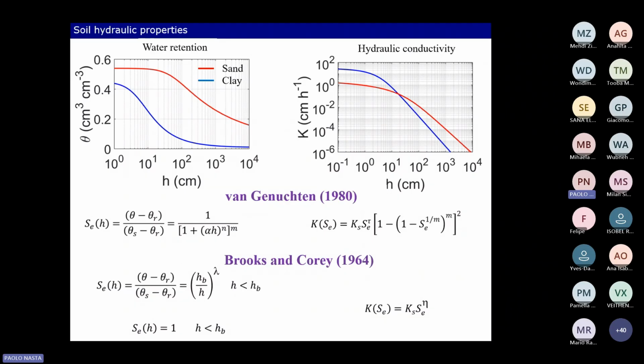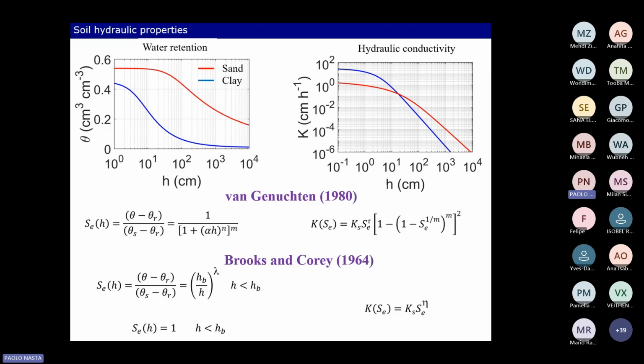The soil hydraulic properties that must be known can be represented by mathematical functions. So basically, the most widespread mathematical function is the Van Genuchten function from 1980. This is also the mostly known equation.